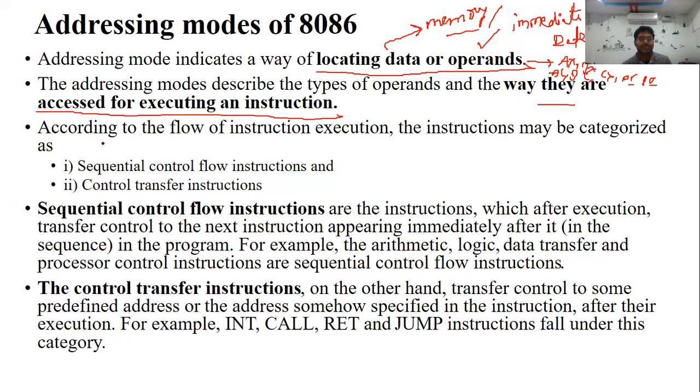Now see, we can divide addressing modes into 2 different categories: sequential control flow instructions, and the second one, control transfer instructions. Control transfer instructions are used in applications such as int, call, return, and jump.